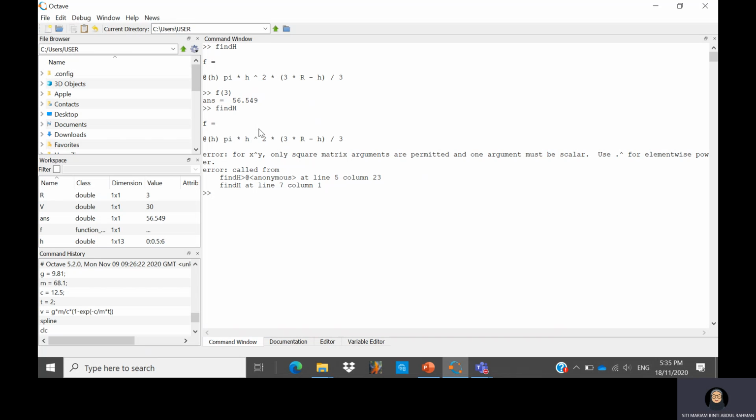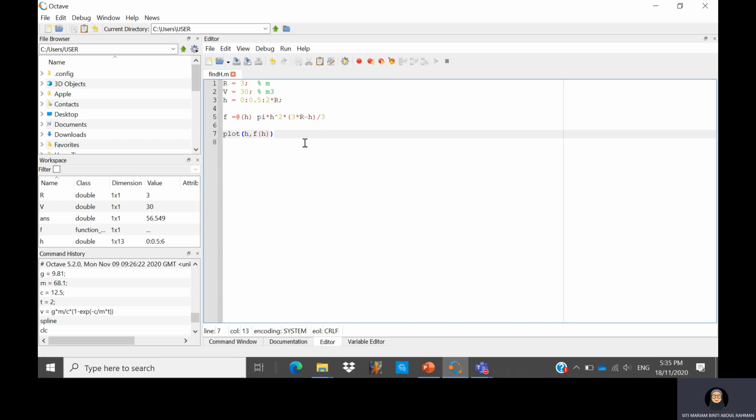So what you can do is use array power. You can add the dot here, and also here, so that this acknowledges that you have to do the power function for all the h, for 13 h.